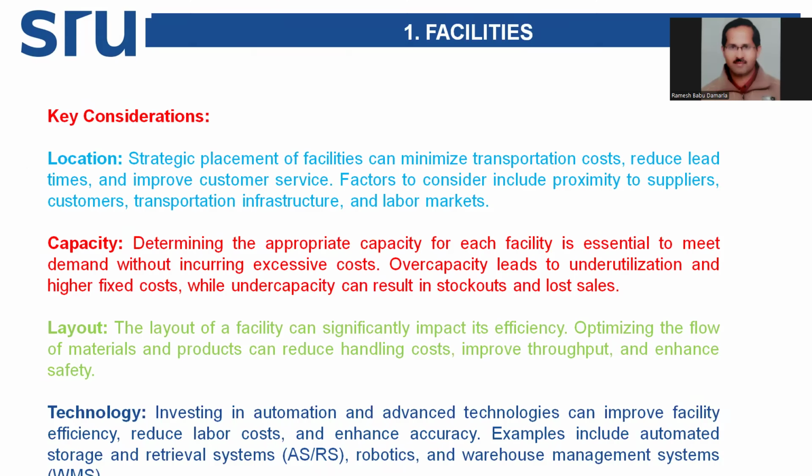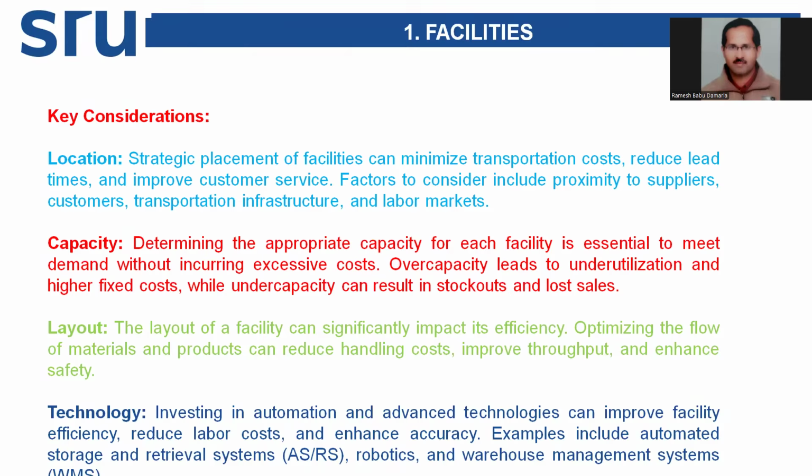Technology. Investing in automation and advanced technology can improve facility efficiency. Updated technologies must definitely be used in facilities like manufacturing or warehouses. When you automate, it will reduce manual intervention, reduce labor cost, and bring more efficiency and more safety.